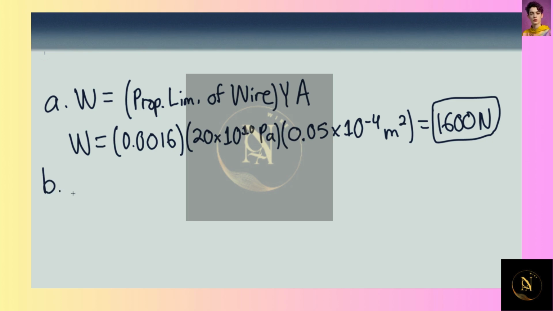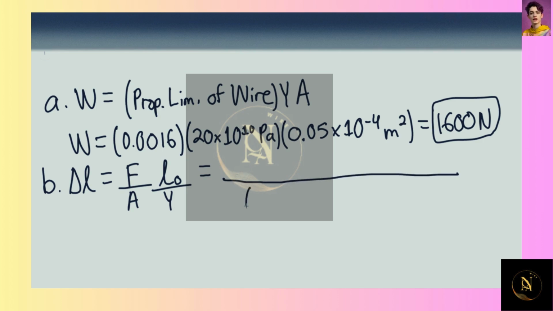And then for part B, when they're asking us for the elongation, we can say that the elongation is the change in length. This would be equal to the force divided by the area times the original length divided by the Young's modulus. So this would be equal to the force, we can say, 0.05 times 10 to the negative fourth meters squared times 20 times 10 to the 10th pascals.